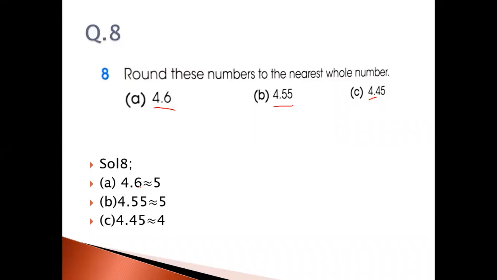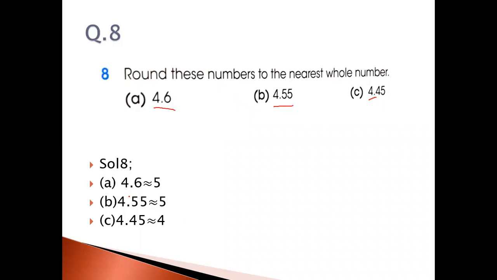Whenever we are going to do this, we should keep this in mind. The number which we are going to round off, we are going to focus on what number follows it. Let's see. Here you can see they said to round off to the nearest whole number.